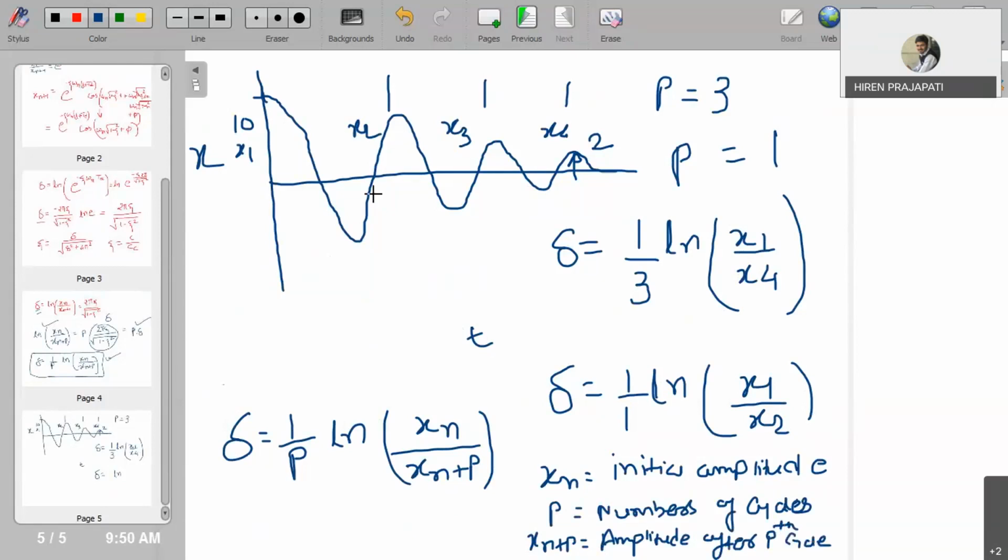Similarly, now will you please tell me, if I take the ratio of x1 to x3, then what is to be considered as delta? Suppose I take the ratio ln x1 to x3, then what should I write as p? Ratio of x1 to x3. So two cycles are over, right?